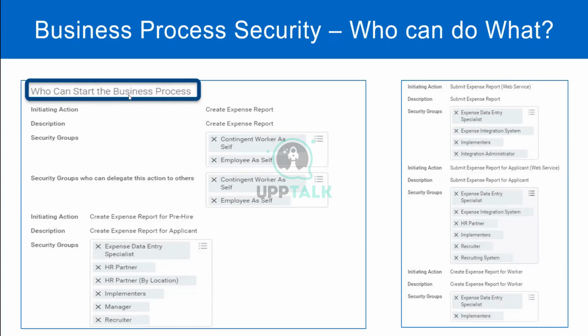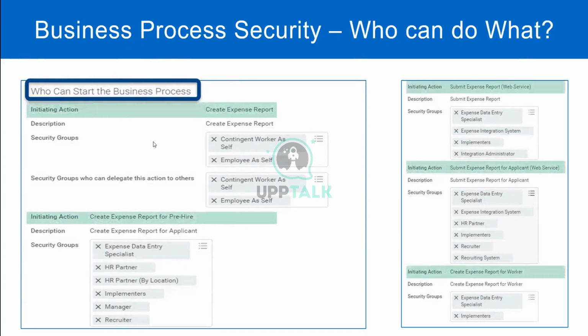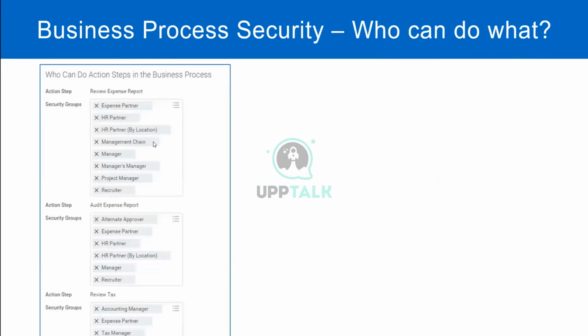Okay, so this is controlled by the business process security policy in this section, which talks about who can start the business process. Then we go to another section, which talks about who can do what. So now can you tell me who can review an expense report?